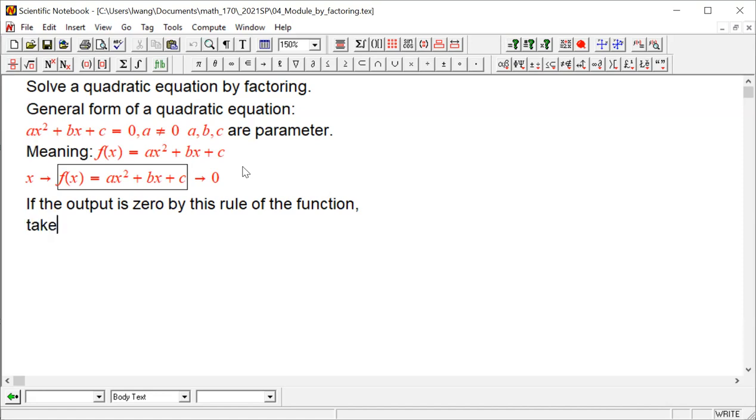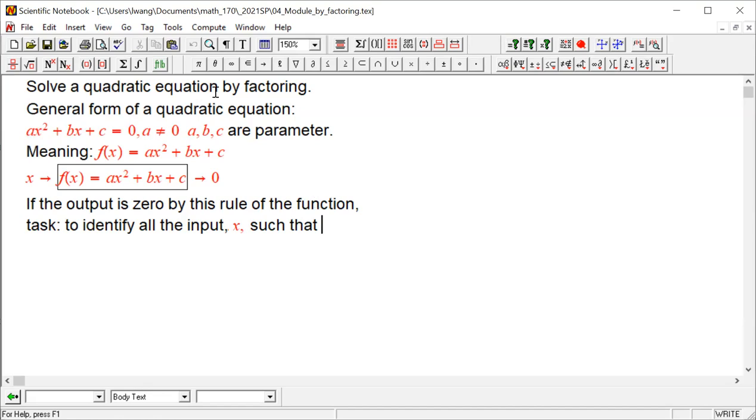is to identify all the inputs x such that the output will be 0.